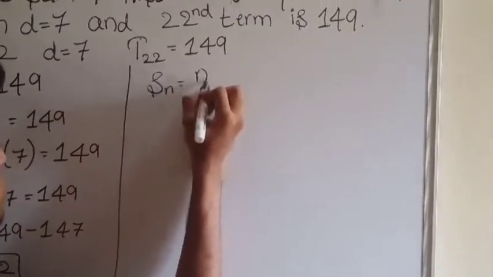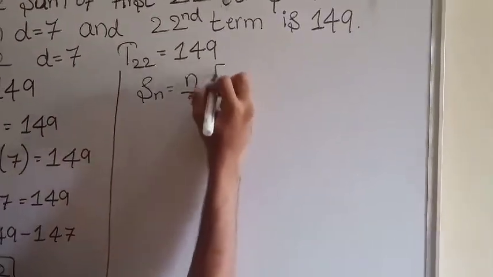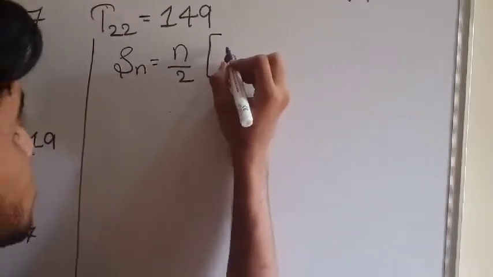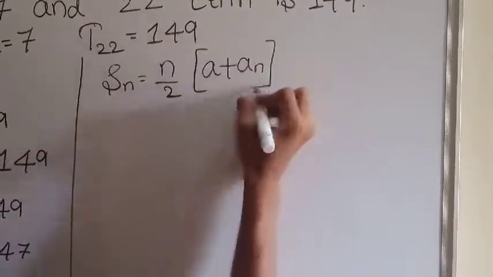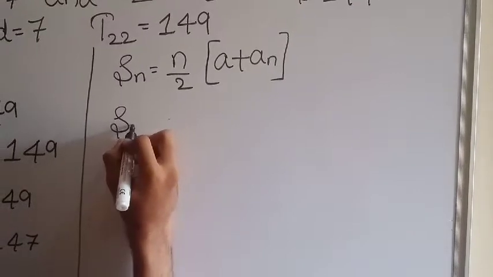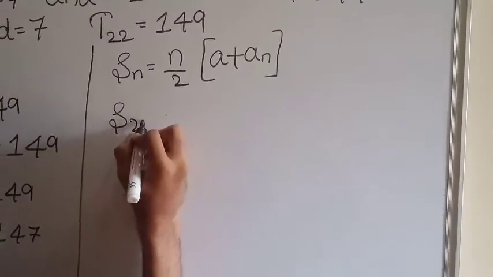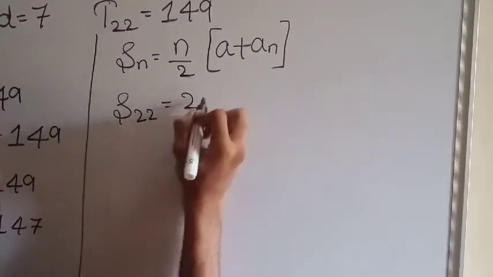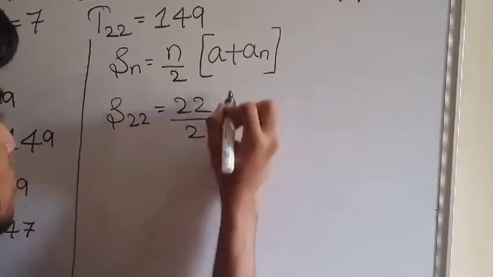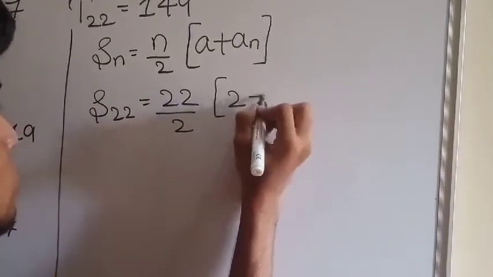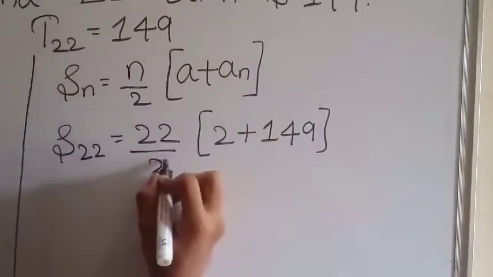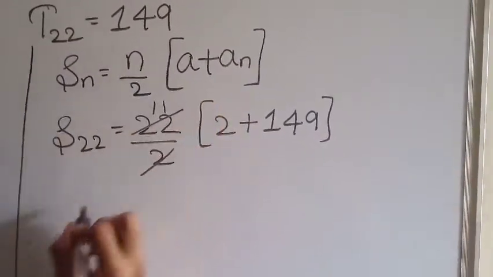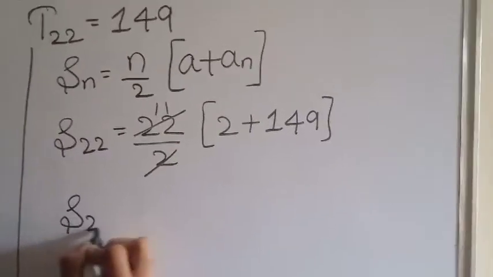Then Sn equals n by 2 into, just substitute the n and a. Already we know the value of n equals 22, so 22 by 2, then into 2 plus 149. Where did we get this 149?